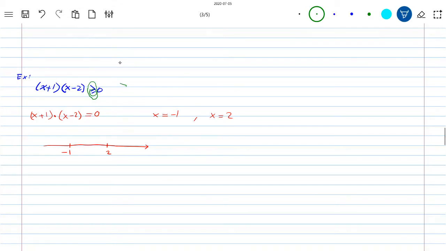If this was strictly greater than 0, then -1 and 2 would not be acceptable solutions. So here I see equality, which means I will pick closed points for these two. They could be part of the solution just because they have the option to equal.